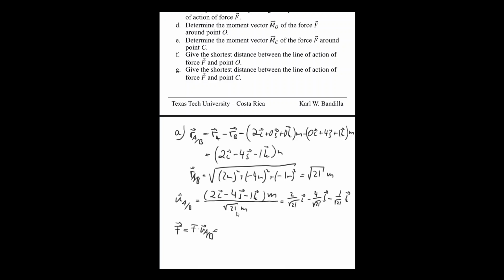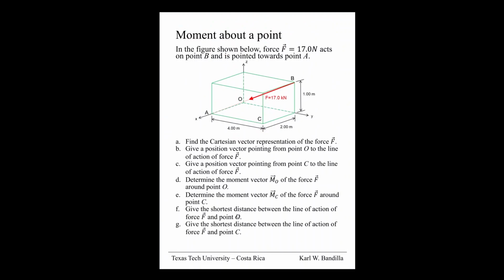And so that would be, what was the force? 17 Newton times 2 over the square root of 21 i minus 4 over square root of 21 j minus 1 over the square root of 21 k.